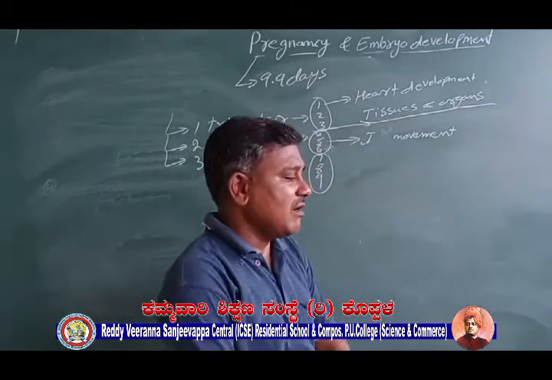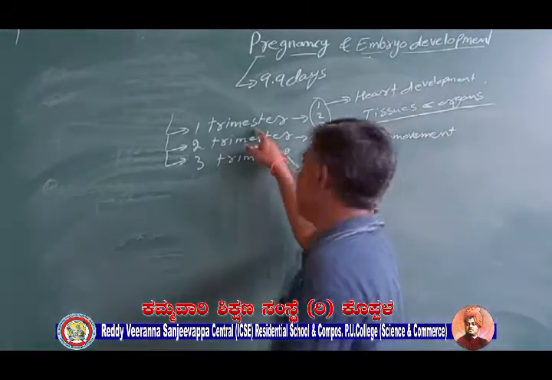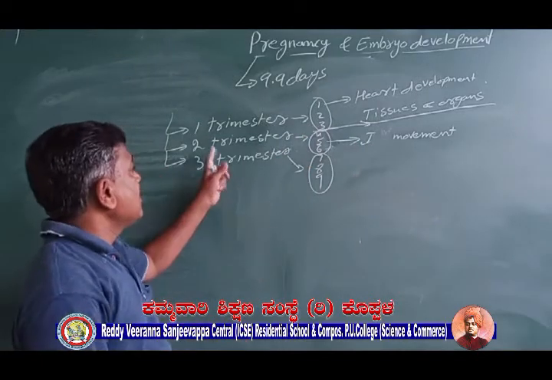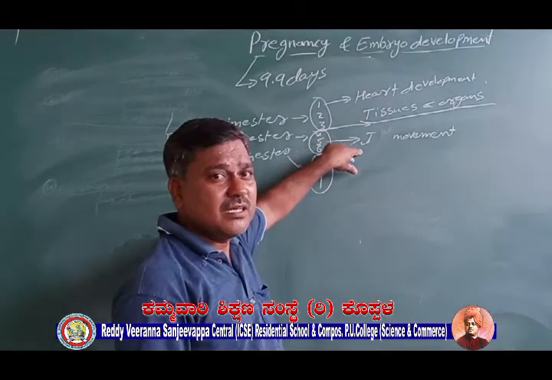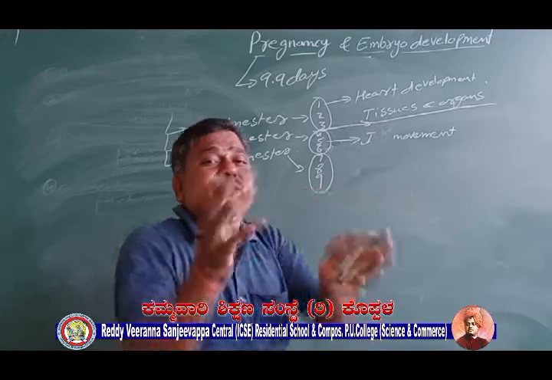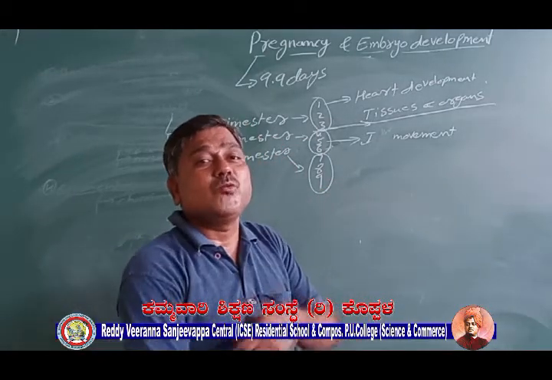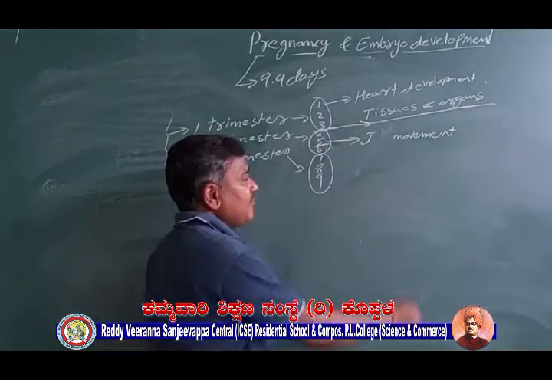So what are the changes? Heart formation occurs during the first month, and total tissues and organs are formed in the third month. Now, when the second trimester begins, in 5th month, forelimbs and hind limbs are formed, and this fetus shows first movement. That means it rotates, it makes a movement in the womb of the mother. So first movement is observed in 5th month.